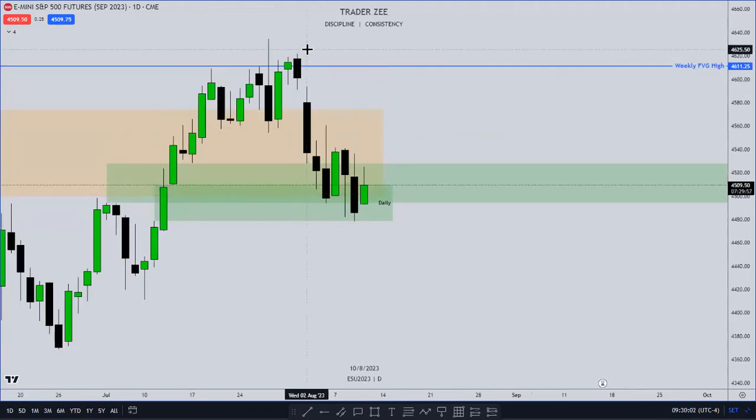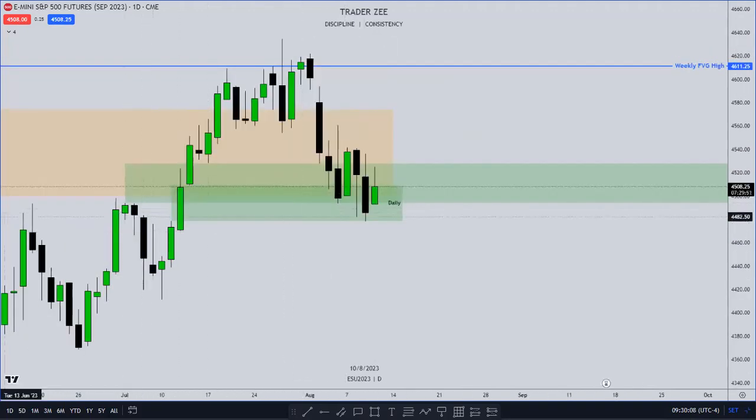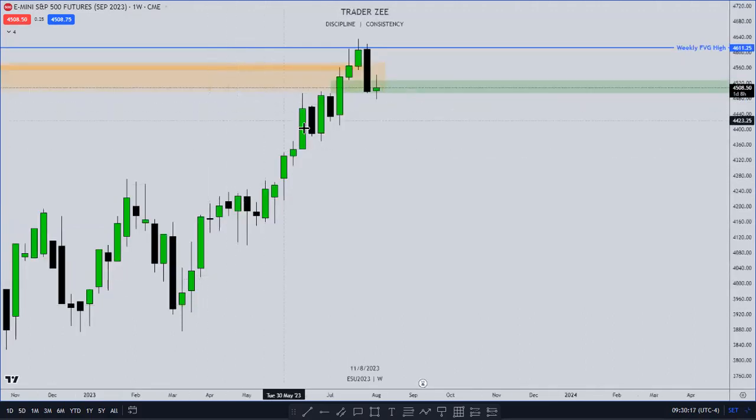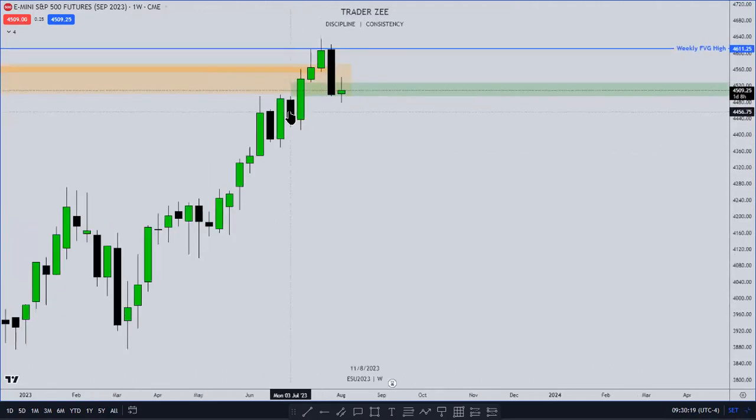I think we had a good displacement into this fair value gap, but I'm not trying to pick any tops or bottoms. For me to feel bearish, we have to violate on the S&P at least the consequent encroachment, sorry, the mean threshold of this order block with the body of a weekly candle.